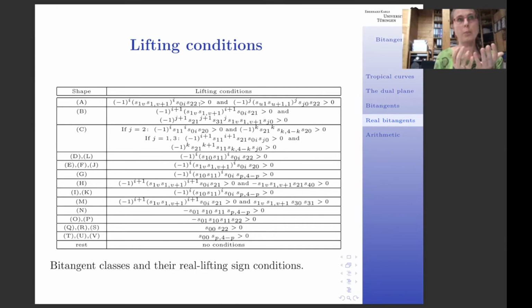That's my notation here. So this is the sign in front of x squared y squared, and this is the sign in front of y to the i, whatever i is, right? And so you can read this now by just looking at the signs of the coefficients of your real quartic, and then you can answer using this table whether your tropical bitangents lift or not.